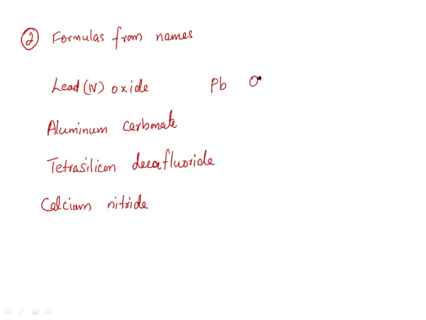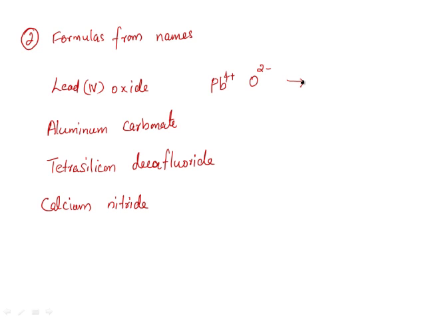How about the transition metals? Whenever you see Roman numerals, they are used in the case of transition metals to indicate their charges, right? So when it says lead and then 4 in parenthesis, what is the charge of lead? 4 plus. What is the charge of oxygen? 2 minus. So you identify the ions first. Now you can write a formula where these charges are balanced.